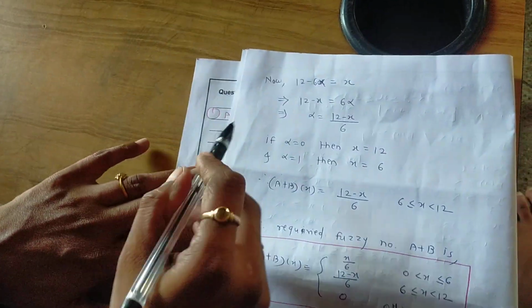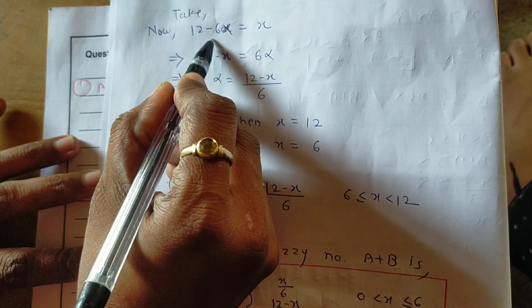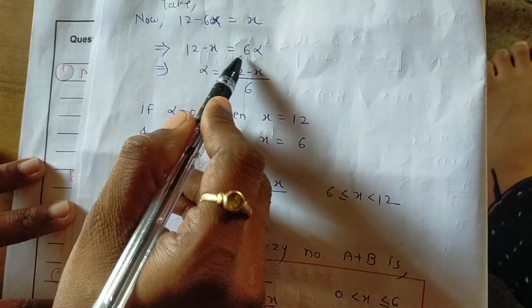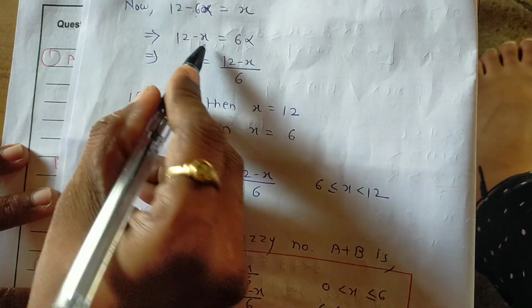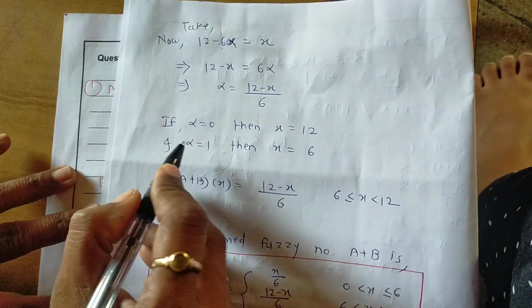Now calculate the second membership function. See, the second membership function: take 12 minus 6 alpha is equal to x. 12 minus x is equal to 6 alpha. Alpha is equal to 12 minus x upon 6. Now take the boundary condition.